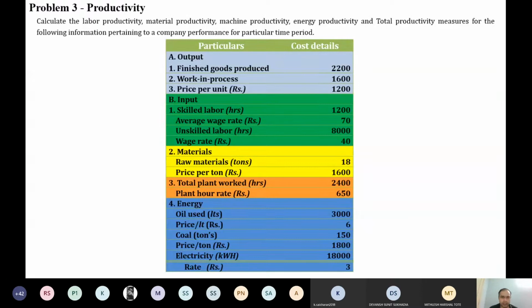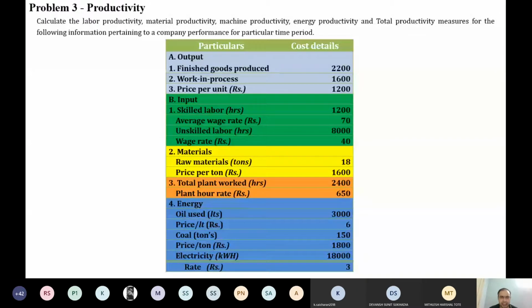1200. In case of input, the skilled labor hours is 1200, and their salary is 70 rupees per hour. There are the unskilled labor hours. They didn't mention the number of labors, but they mentioned the total labor hours. The total labor hours here is 8000, and the wage paid for them per hour is 40 rupees.